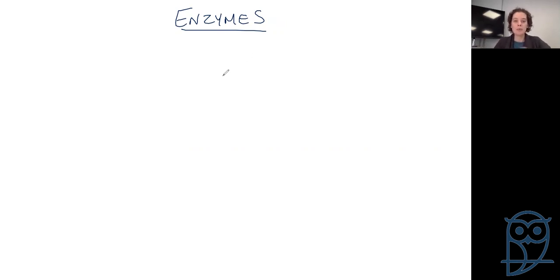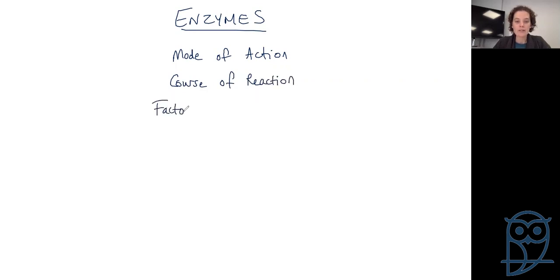So just to recap, when we learn about enzymes, we're going to be learning about mode of action, course of reaction, and factors affecting reactions.